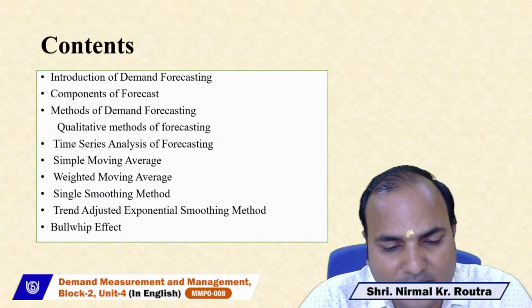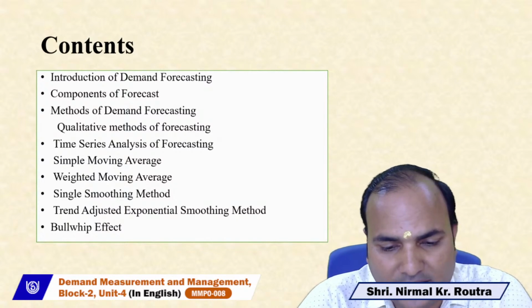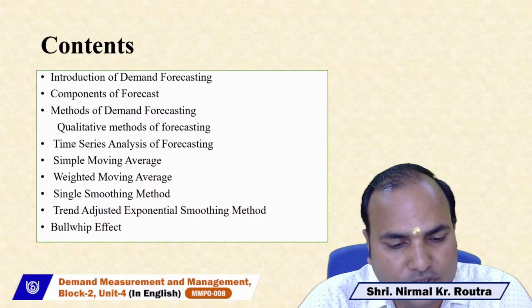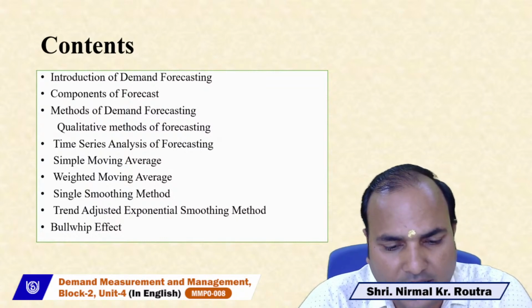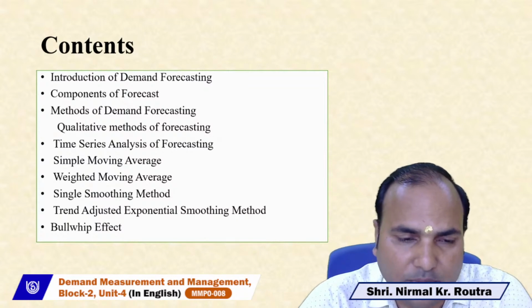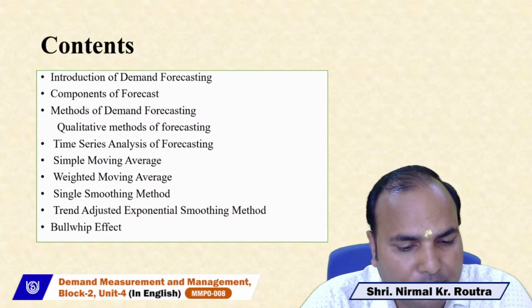Demand management is one of the important aspects of supply chain management that focuses on understanding, forecasting, and influencing customer demand to ensure that an organization can meet it efficiently.